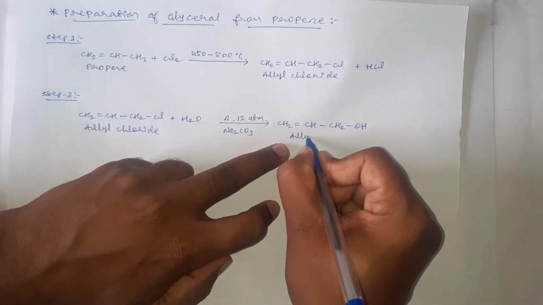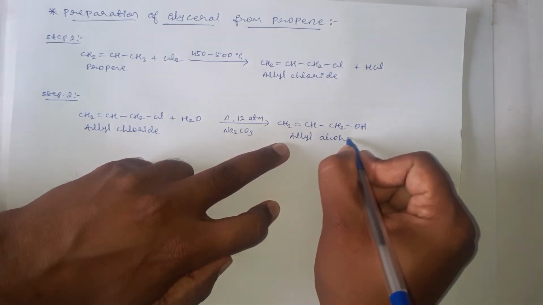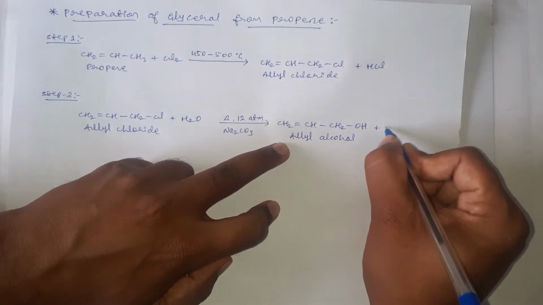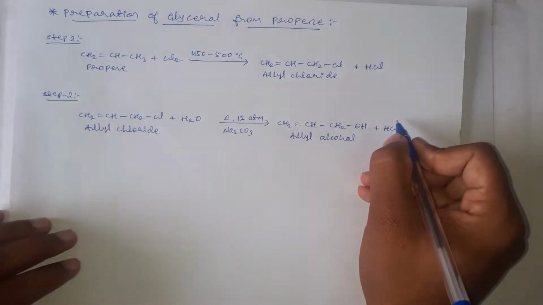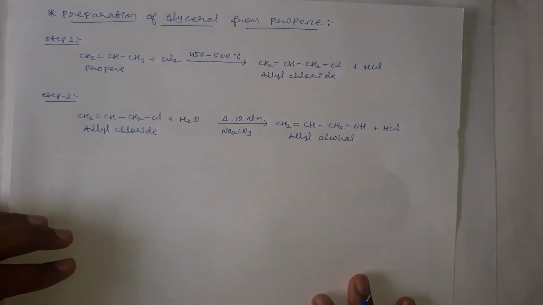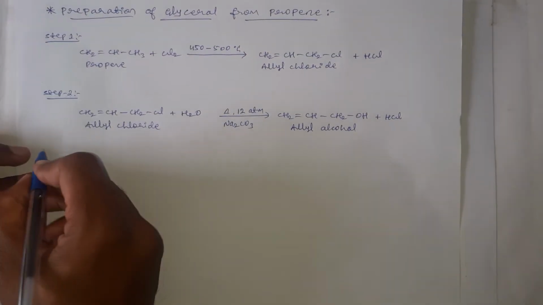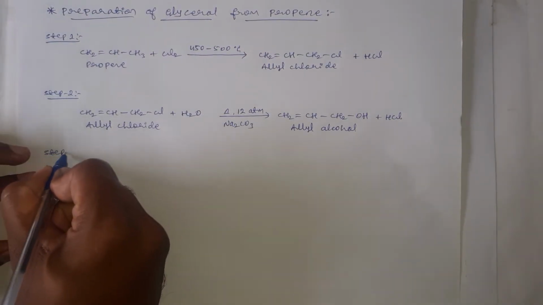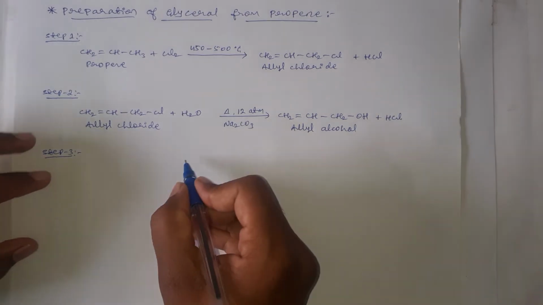This is allyl alcohol, with the formation of HCl. This is step 2.